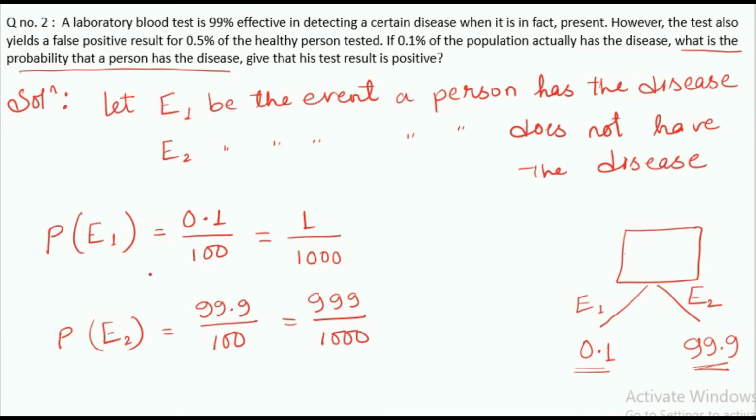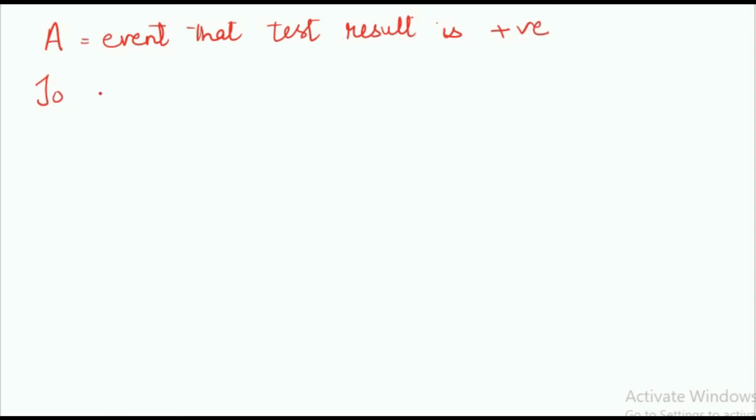Now let's define our A. What is our A? Given that the test result is positive, let A be the event that the test result is positive. So what we need to find?